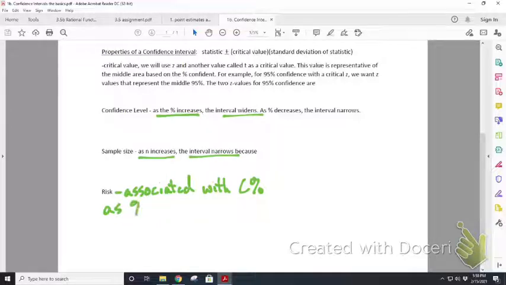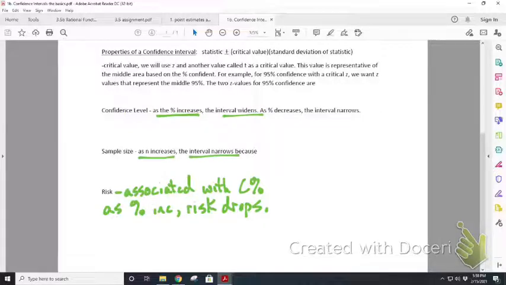As percent increases, risk drops. So this is tricky. We have a multiple choice problem assigned, and it's tricky. When confidence level stays constant, and I have one sample size versus another sample size, risk is the same.